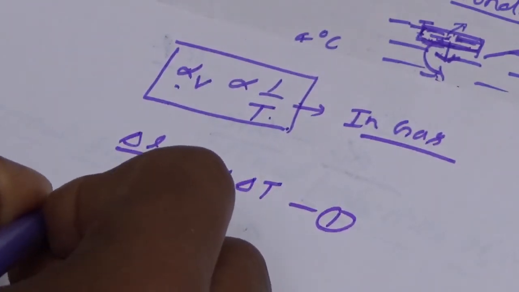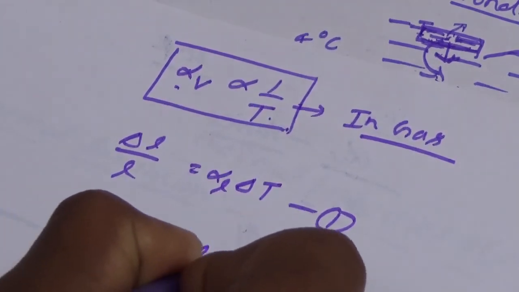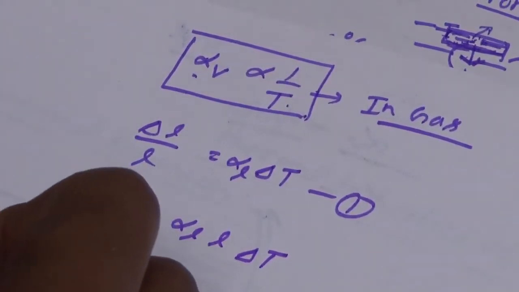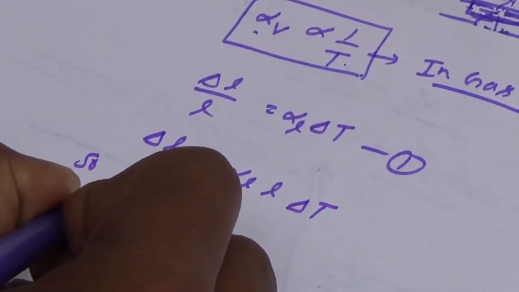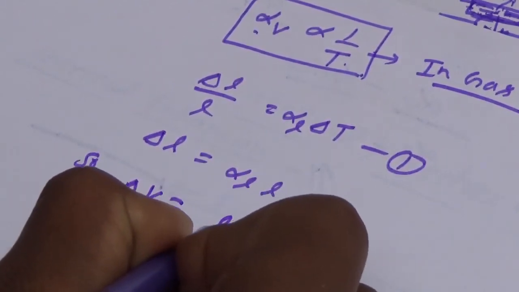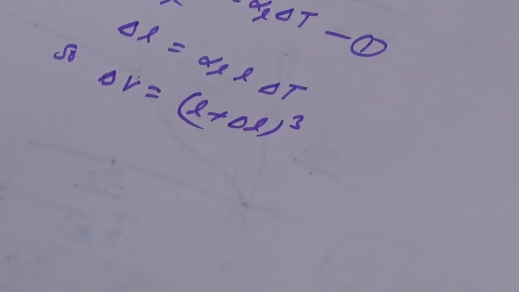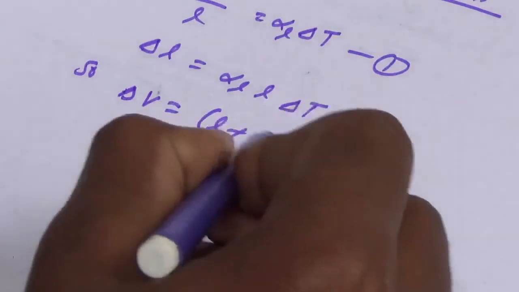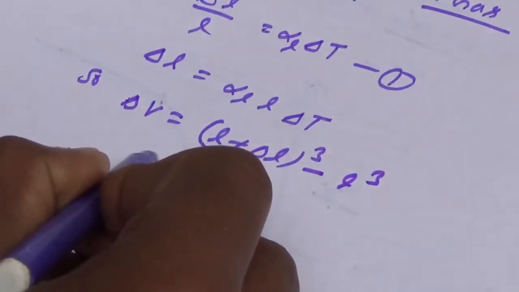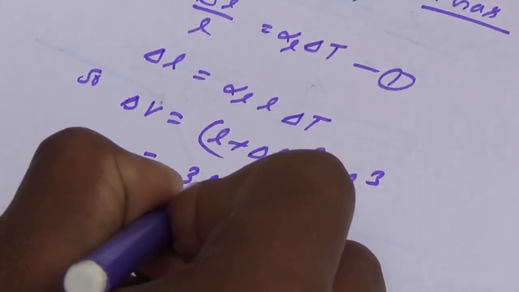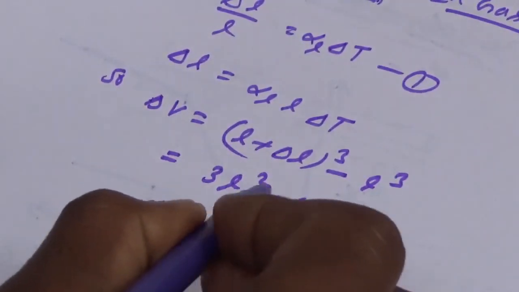From here, del L is equal to alpha L del T. Now in the case of volume, we can write del V is equal to (L plus del L) cubed minus L cubed, the change in volume from the initial volume L cubed. So it will be 3 L square del L. After solving it, you will get this term.